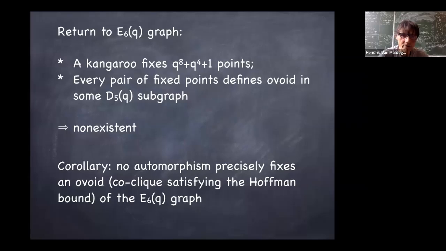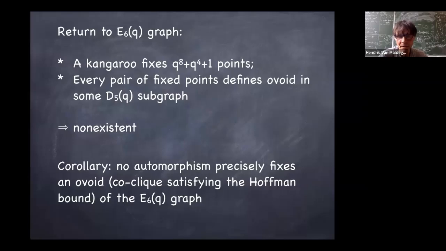And with a little bit more effort, one can show now that there is no automorphism that precisely fixes such an ovoid. Cooperstein proved that if you have an ovoid of the D5Q graph, then this produces an ovoid of the E6Q graph.